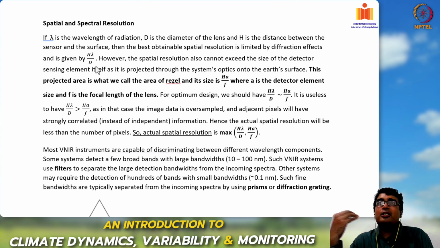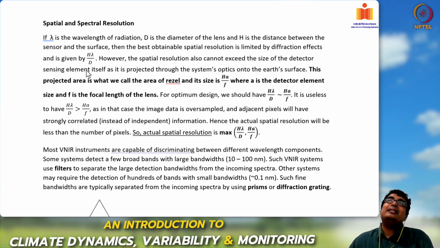So diffraction effects will become significant if the spatial resolution is less than h lambda by d, where lambda is the wavelength, h is the distance between the satellite and the ground, and d is the lens diameter.